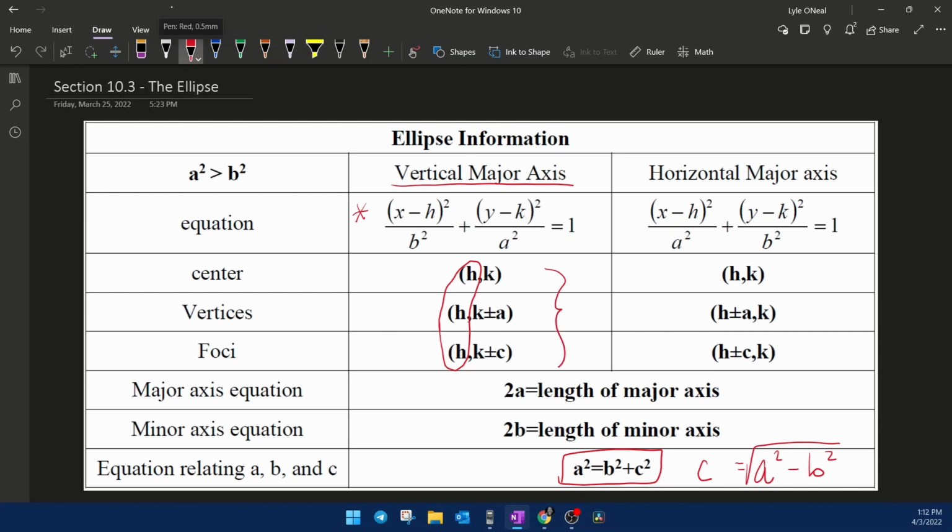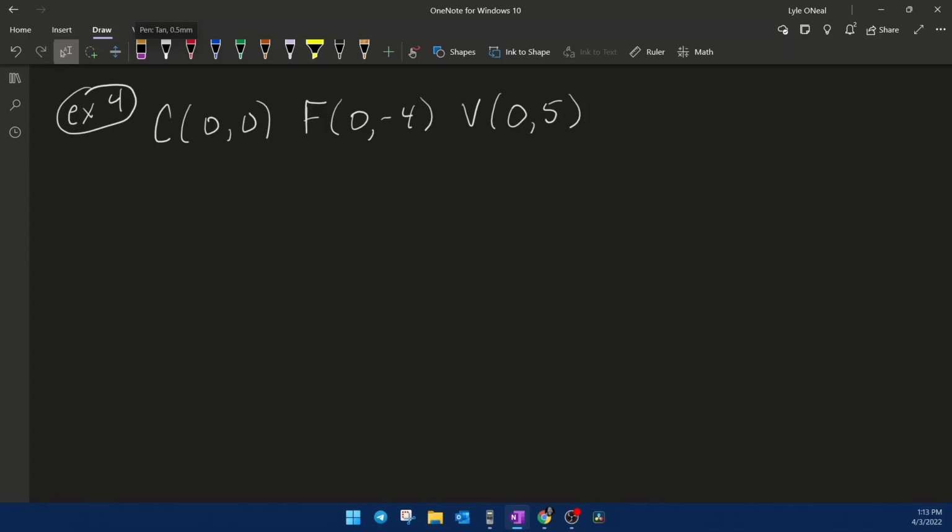All of these formulas apply, and this is where we're headed. So the center is easy. Remember, the center is h comma k, and from that we can get the values of h and k. But notice that the foci has a negative y-coordinate and the vertex has a positive y-coordinate.